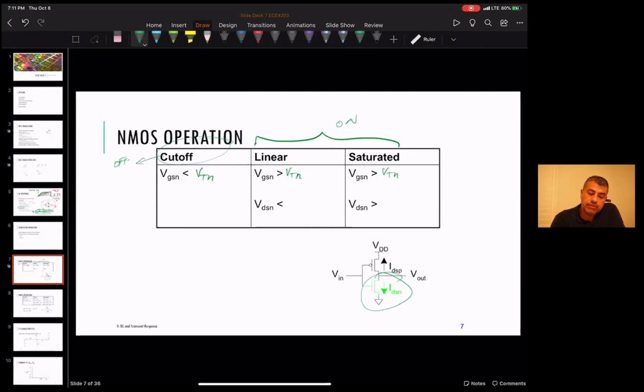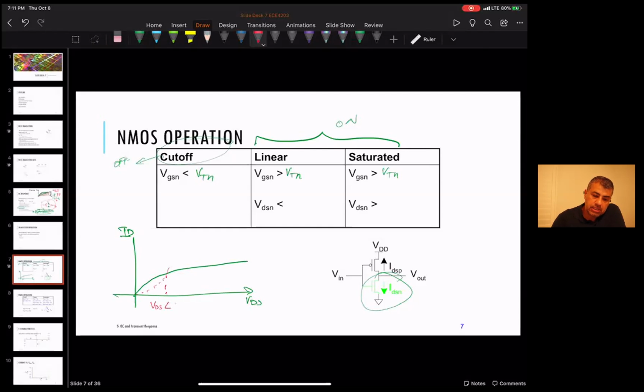Okay, and if you guys remember, we drew the drain source voltage versus the drain current, and we defined the linear mode when the drain source voltage was less than VGS minus VTN.